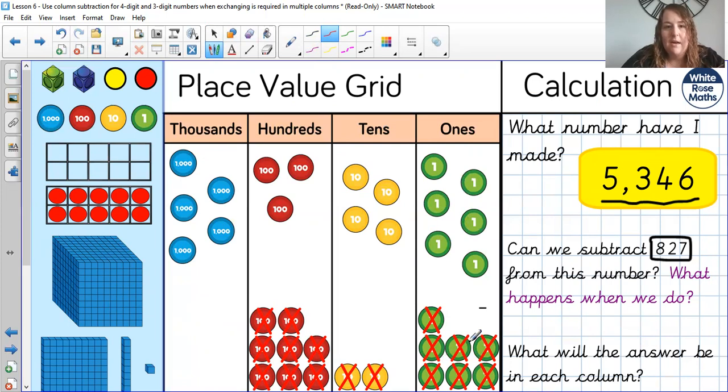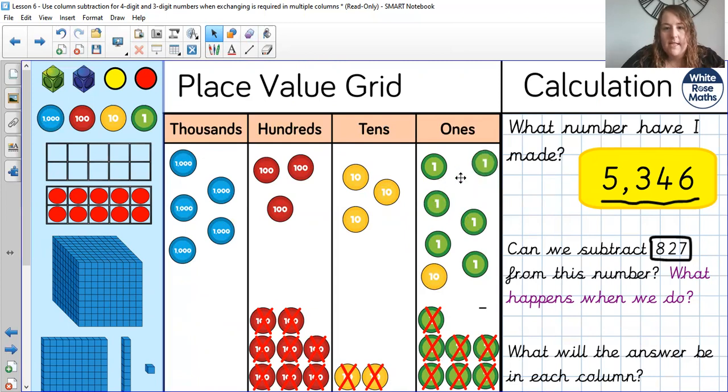And I can't do that already, goodness me. Okay, so we're going to exchange. So I'm going to need to take 1 from my tens column and pop it into my ones column. And I'm just going to move these up because I'm not going to be able to exchange very well at the moment. So we can still see I've got 6 to start with.